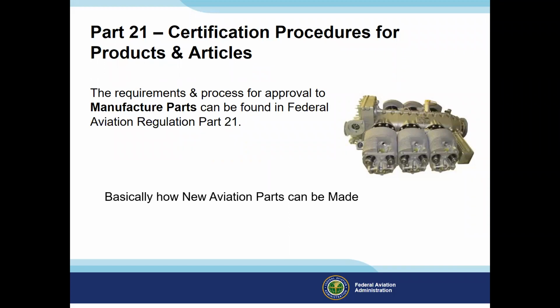Now, the question may be in your mind: are you telling me that every piece of every part on every airplane, engine, propeller, appliance, or appurtenance is produced under a TSO, a PMA, or some other method? Absolutely. The majority of parts, though, are parts that were approved in the original design by the aircraft certification under the type certificate data sheet.